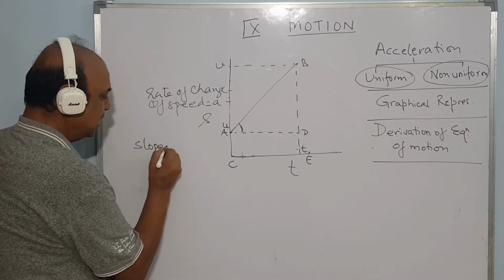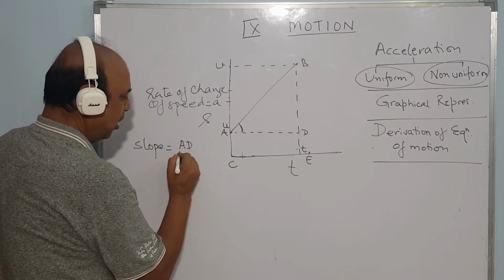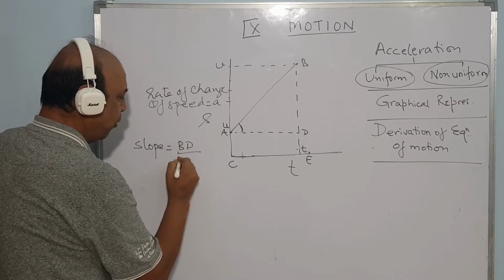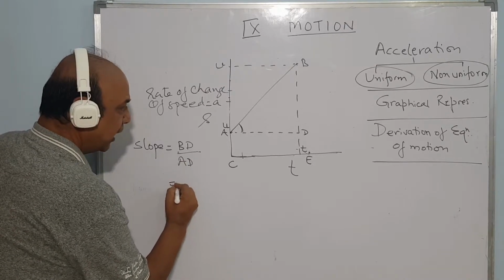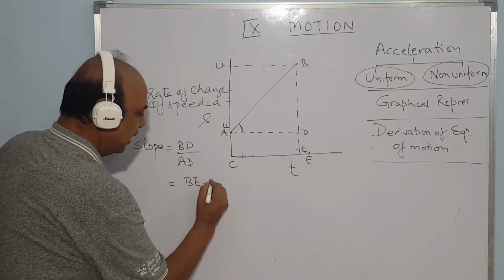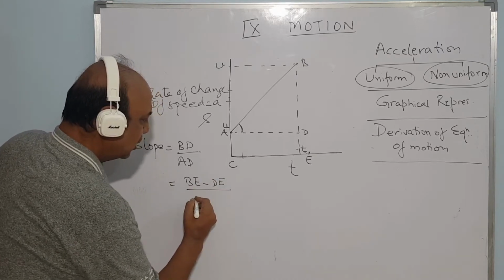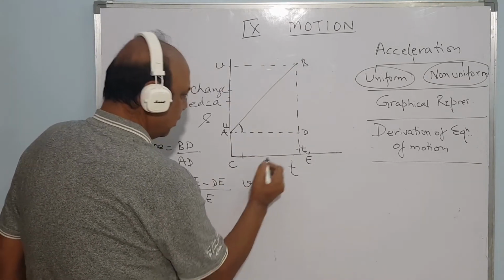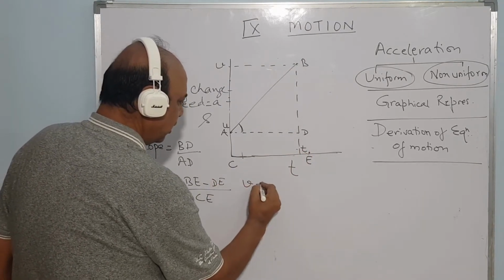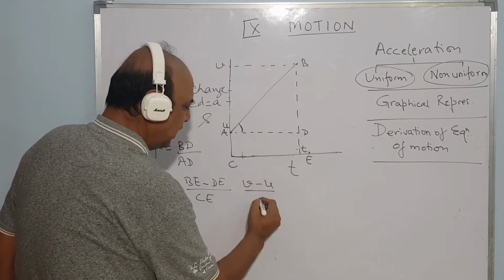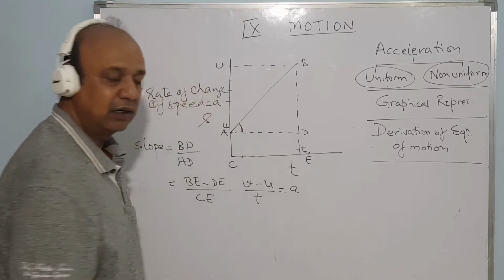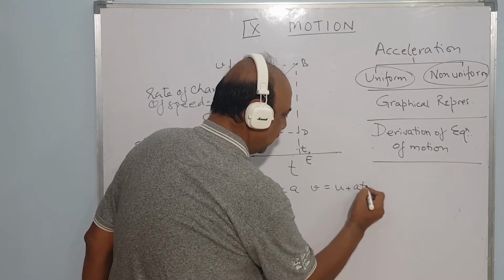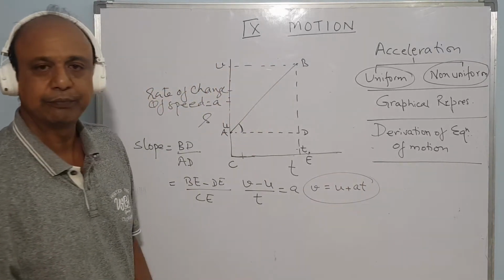Slope is equal to BD upon AD, or that is equal to BE minus DE upon CE. What is BE? V. What is DE? U. CE is t, that is equal to acceleration, and on solving it we get v is equal to u plus at, which is our first equation of motion.